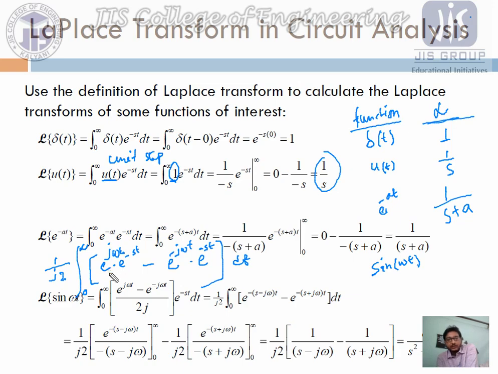Now e to the power something into e to the power something, so we can add the powers. So the power is added, meaning e to the power j omega t minus st.